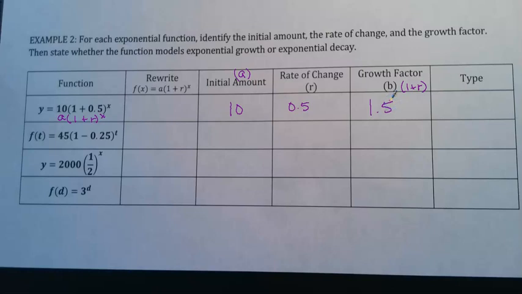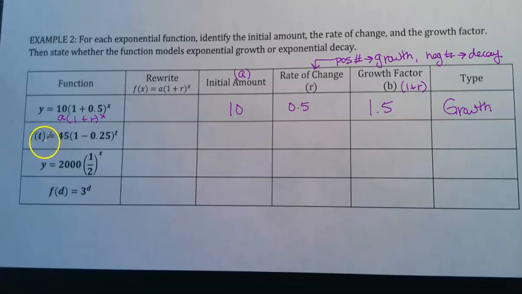So then type, is this growth or decay? Well, if it's a positive number, then it's going to be growth. If it's a negative number, it's going to be decay. So this is exponential growth.